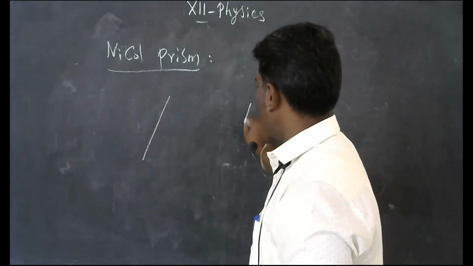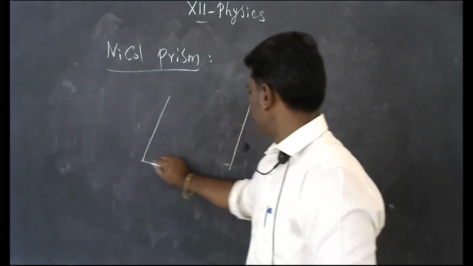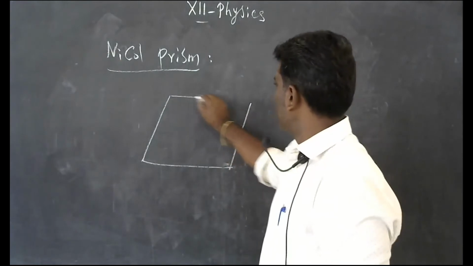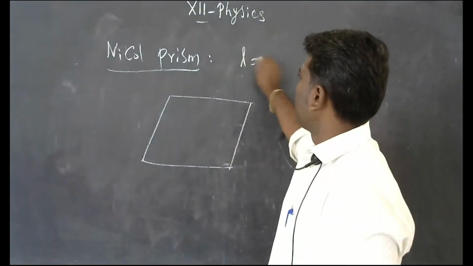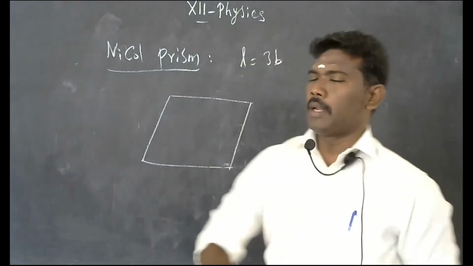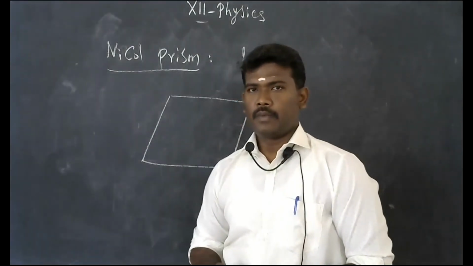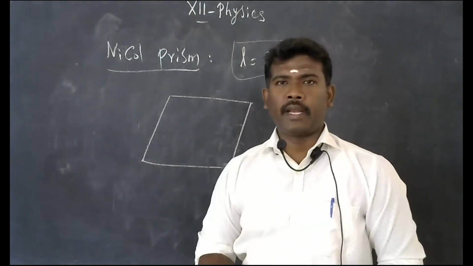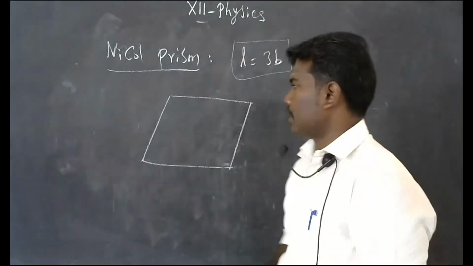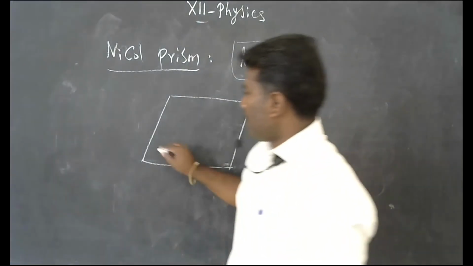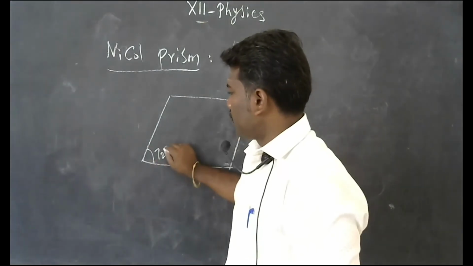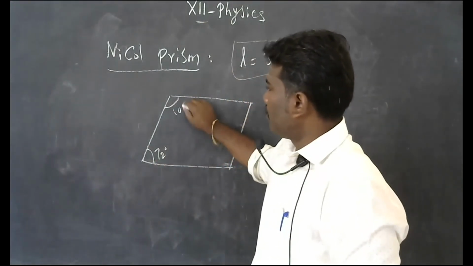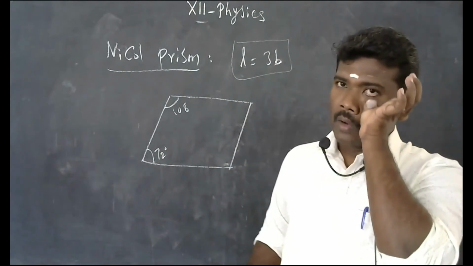We have the calcite crystal. The length of the calcite crystal is 3 times its breadth. So you take the dimensions like this, length 3 times greater than the breadth of the calcite crystal, with angles 72 degrees and 108 degrees.